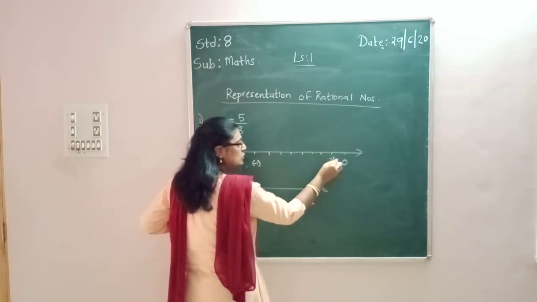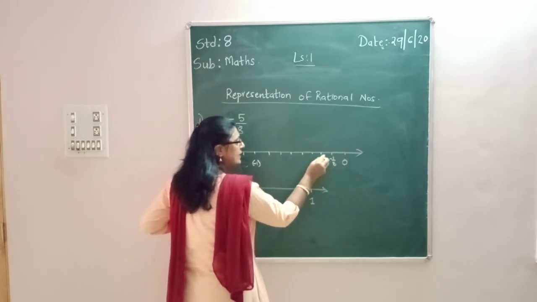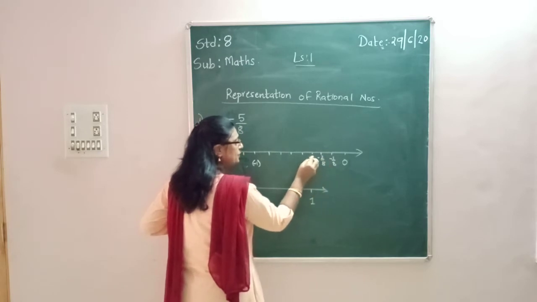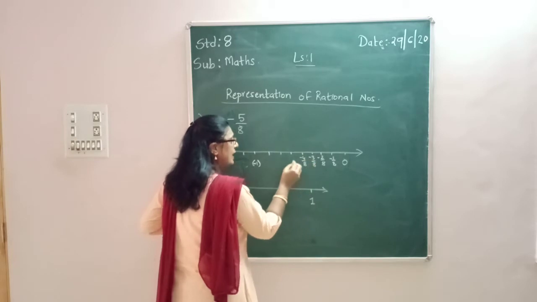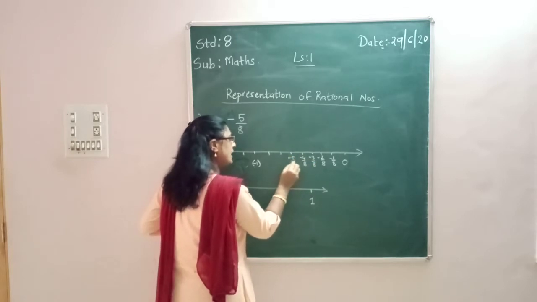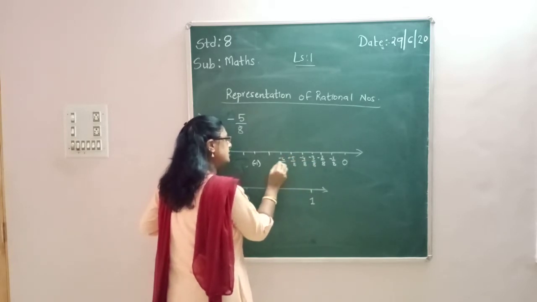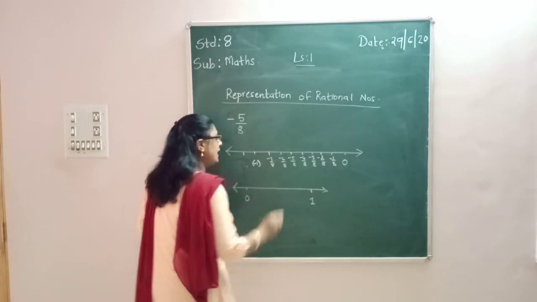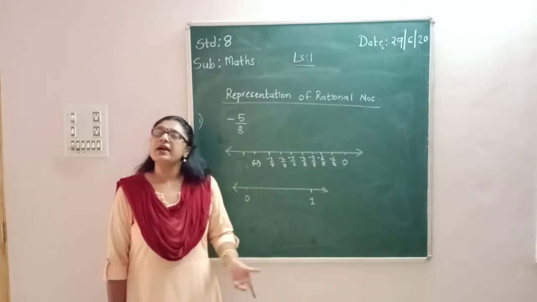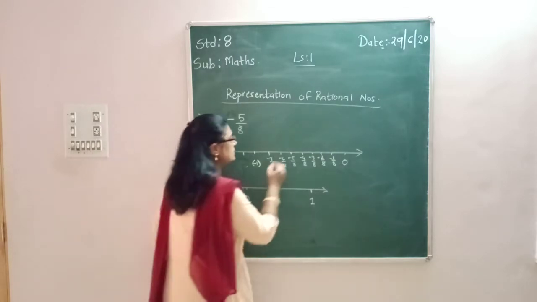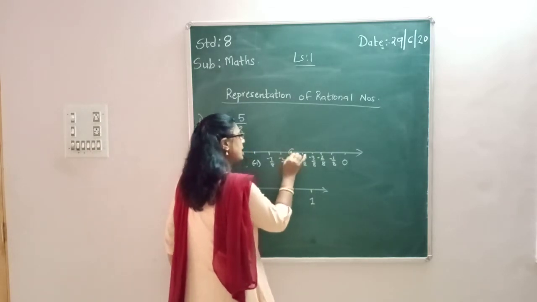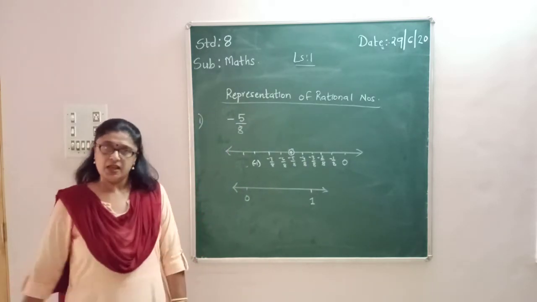This is minus 1 upon 8, minus 2 upon 8, minus 3 upon 8, minus 4 upon 8, minus 5 upon 8, minus 6 upon 8, minus 7 upon 8, and this is minus 8 upon 8, that is minus 1. Then from this you have to plot minus 5 upon 8 as it is.